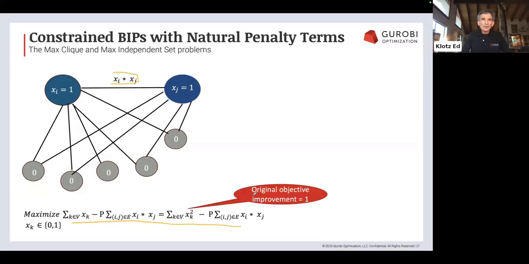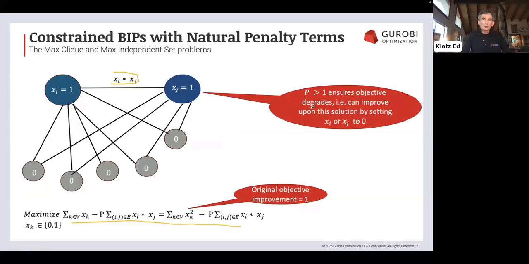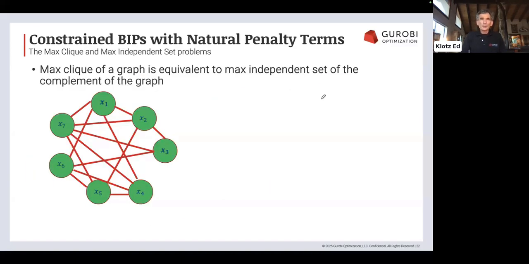Well, I've improved the objective by 1 by taking xj from 0 to 1. So I just need the penalty to ensure that the objective degrades overall. And thus, any value greater than 1 for my penalty term will do the job. All right, so that illustrates that we have a very manageable penalty term for the max independent set problem.